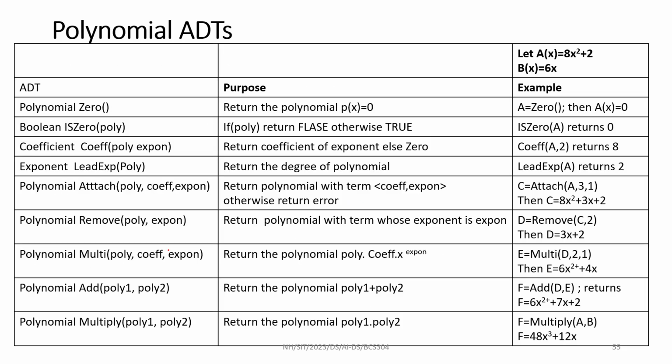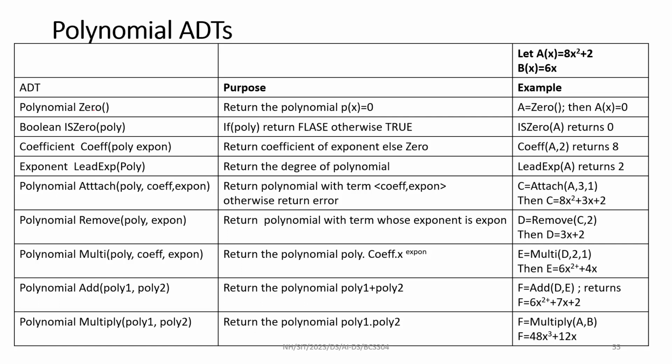Now, when you are using any programming language, what are all the different operations we can perform on a polynomial? The first is you're going to return a polynomial with term 0. You're resetting, like when two polynomials are given, you want to store the sum or product of two polynomials. You will be starting with 0, nothing, no term in the polynomial.